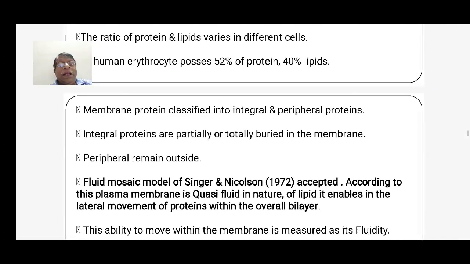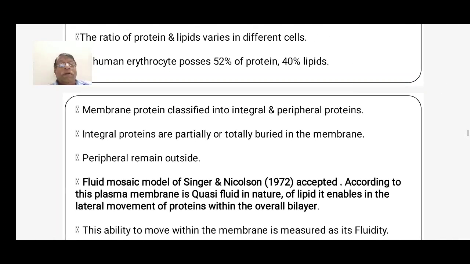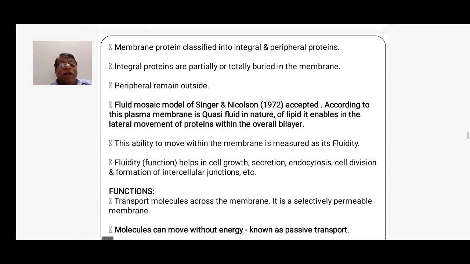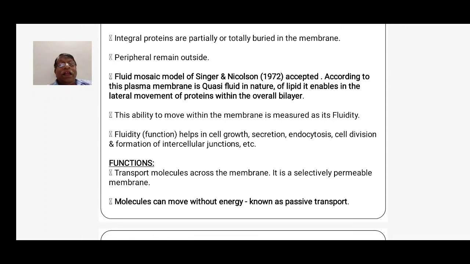In the beginning, I told you the detailed structure of the cell membrane was studied just because of the invention of the electron microscope.